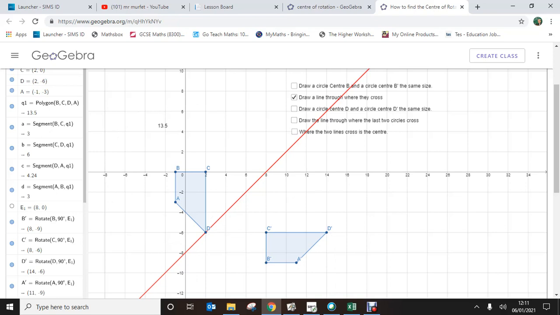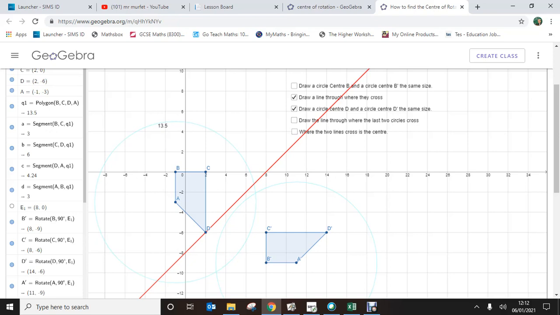Going to the next two points, I'm going to use D and D dash. Again, draw two circles around them. You only need the two parts where they intersect here. You don't need to draw whole circles, but if it helps, you can.